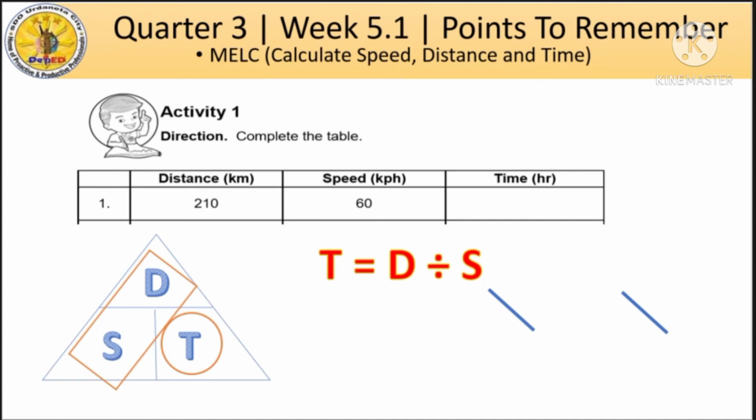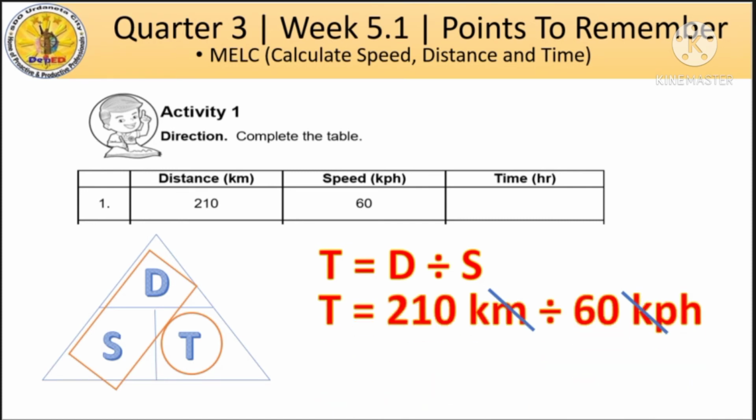So let's substitute distance by 210 kilometers and speed by 60 kilometers per hour. Let's divide 210 by 60 and the answer is 3.5. Let's cancel kilometers in both distance and speed because we only need the unit hours in time. So our answer will be 3.5 hours.